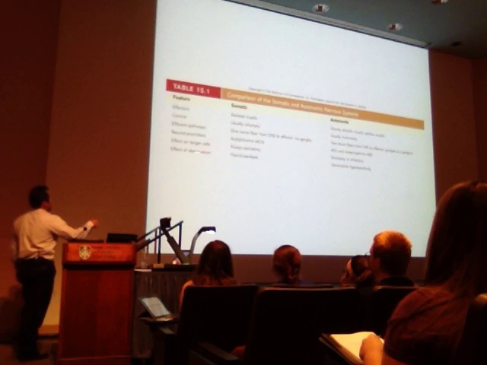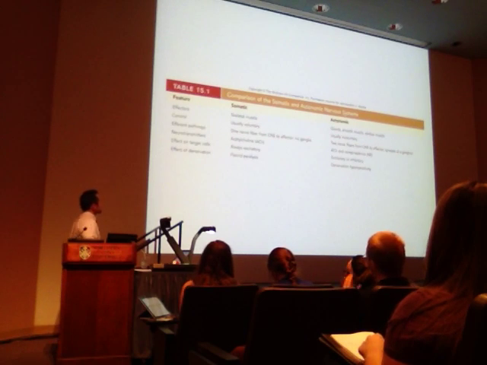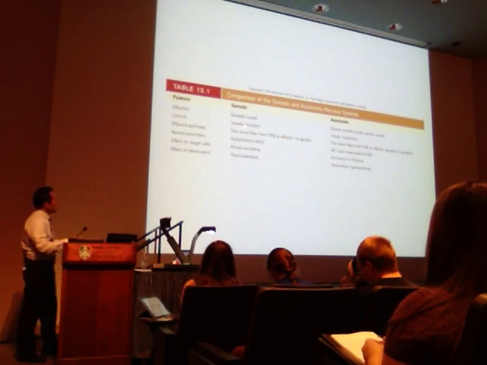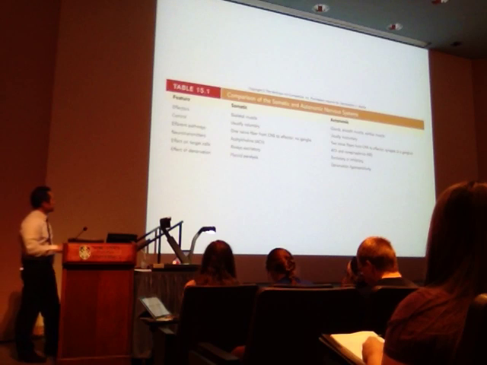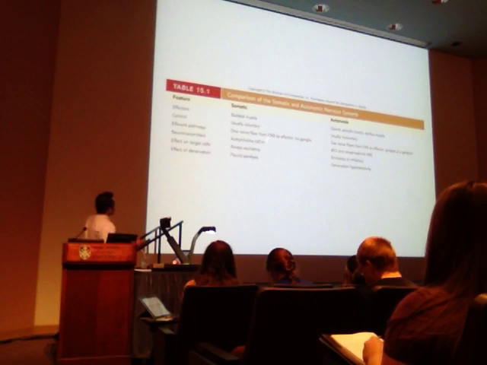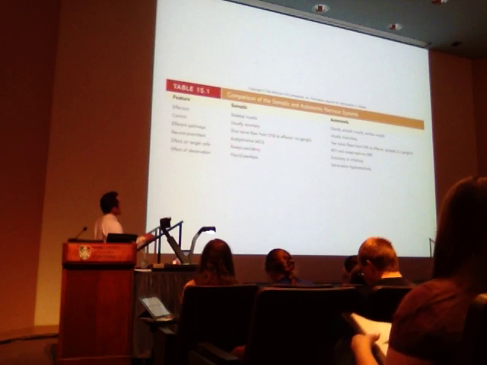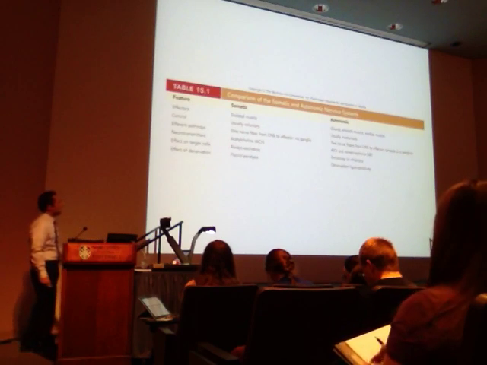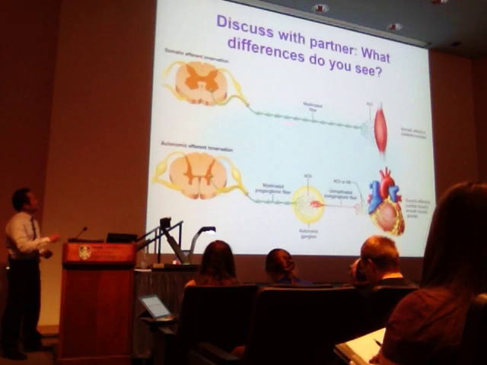So if you look at comparing and contrasting for table 15.1, somatic uses skeletal muscle as the effector. Usually it's voluntary control. There's one nerve fiber that goes from the central nervous system to the effector organ with no ganglia present. Let's just double check that.